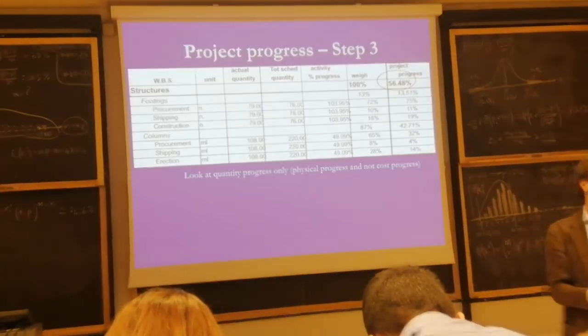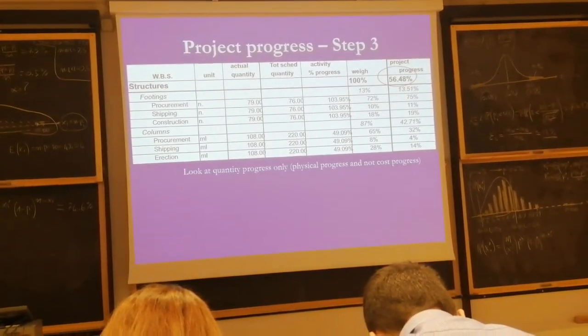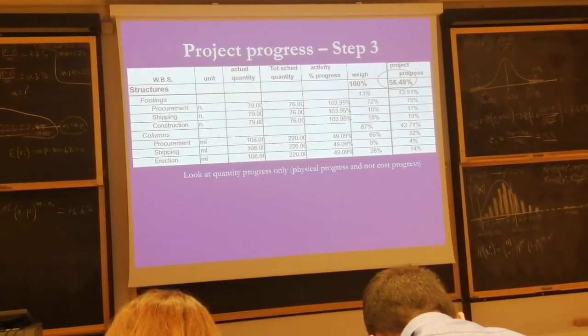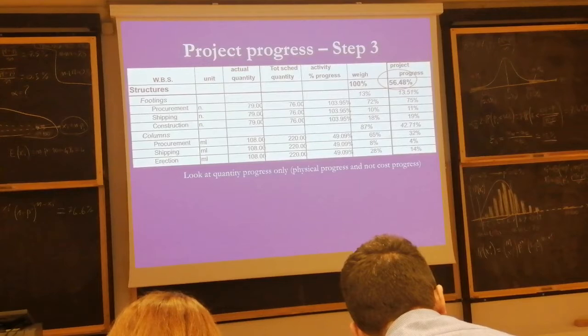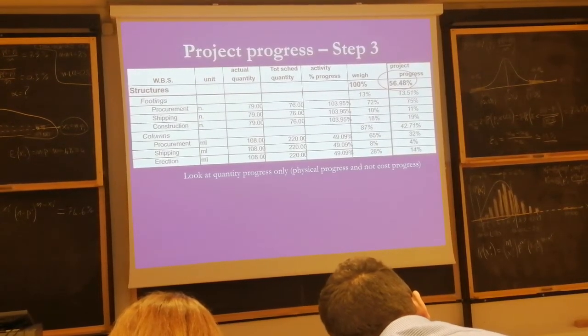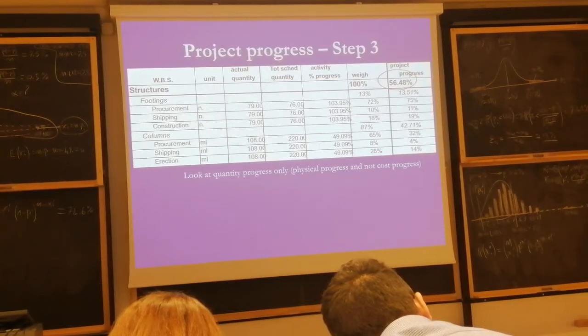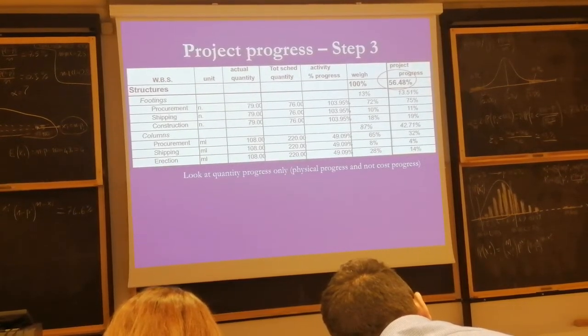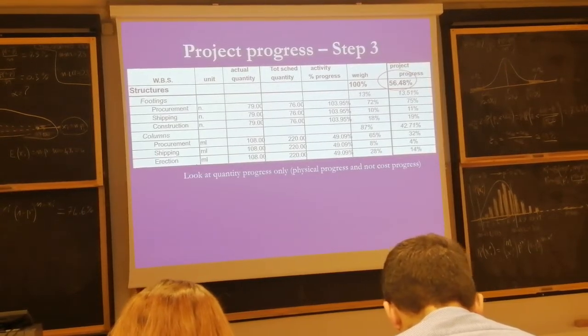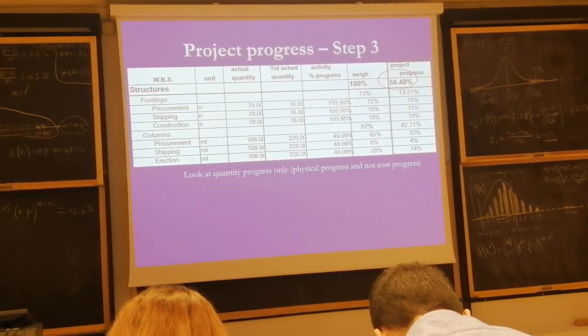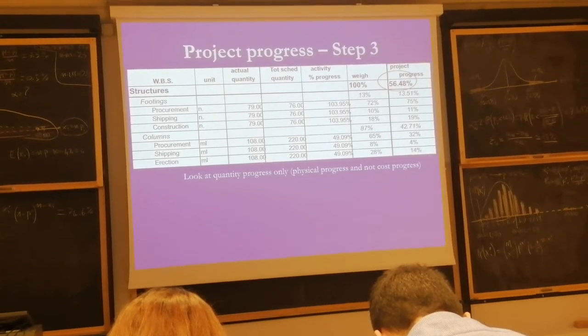To calculate progress, we go line by line and we make the weighted average. No other way. These are physical measurable units, so we need to go measuring each task done. Look at what happens on the first line. Footings, procurement: the quantity that was budgeted in the takeoff of the materials was 76.